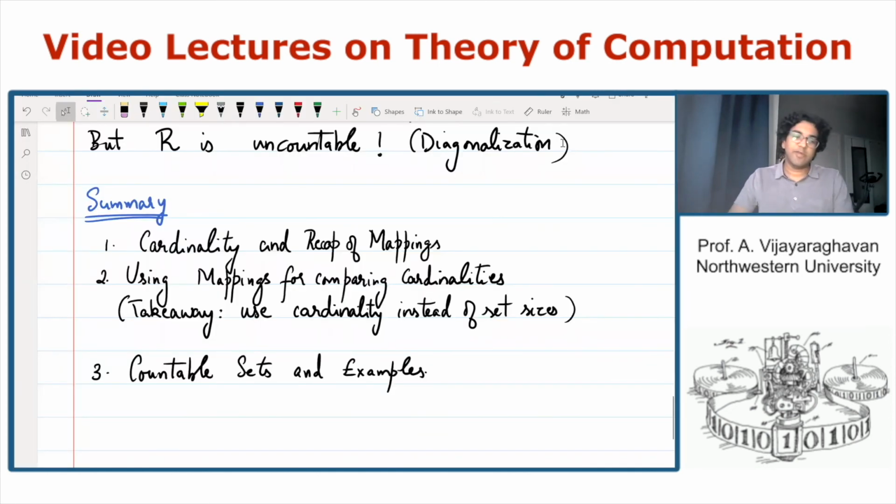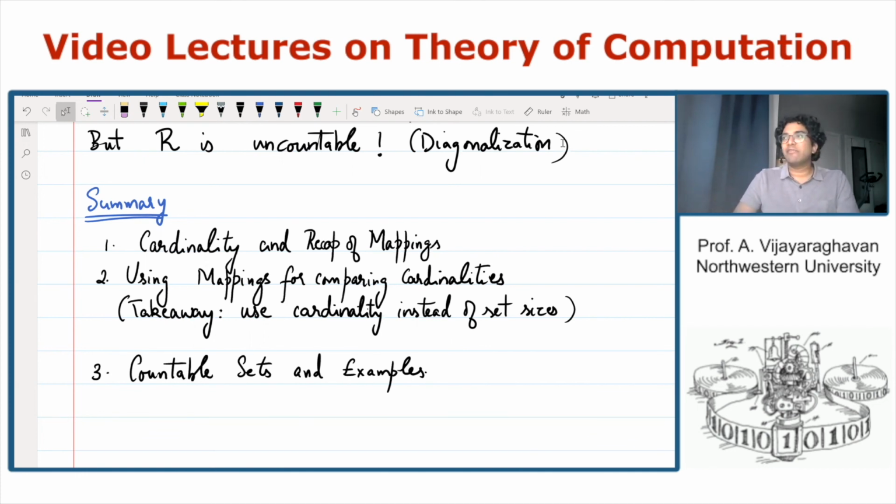So just to summarize, we defined what is meant by the cardinality of sets. This is particularly useful, as it extends the notion of size to infinite sets. We recapped what mappings are and different properties of mappings, and we saw how to use mappings to reason about cardinalities of sets, particularly how to compare cardinalities of infinite sets.